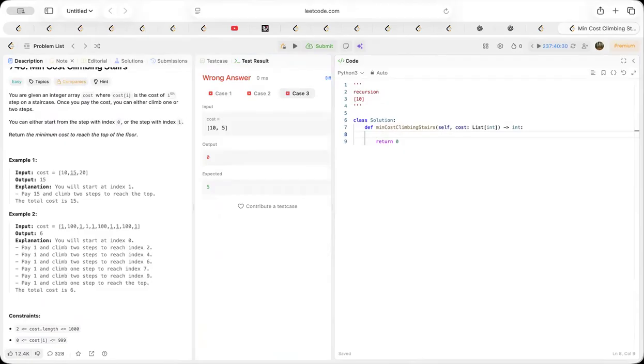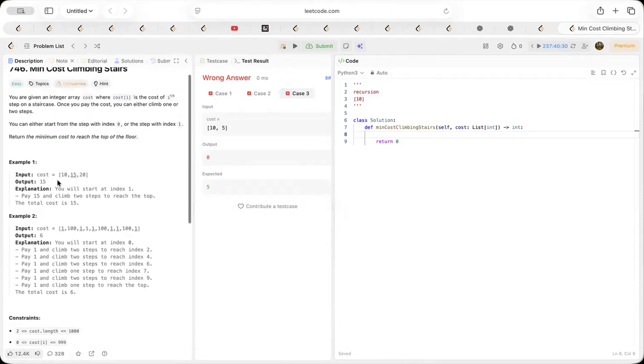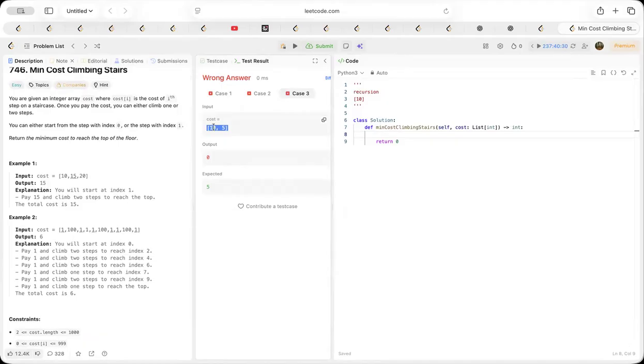Something like this, and with the minimum, what would be the cost to reach the top? The minimum of these two.